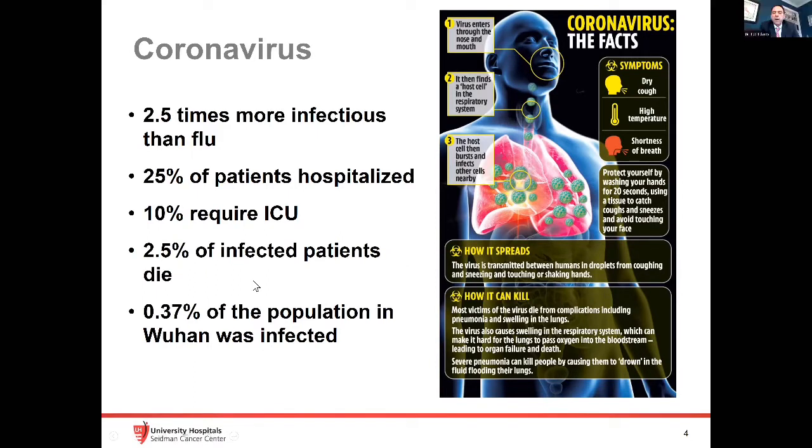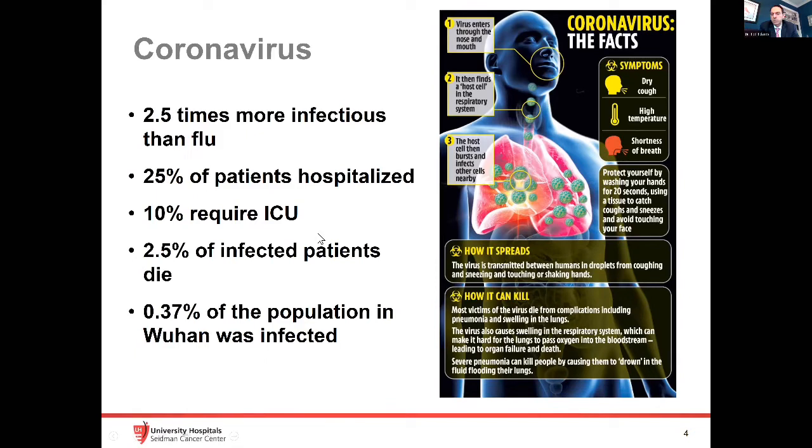Now, this virus is 2.5 times more infectious than the flu. When somebody becomes ill with this, about 25% of patients end up becoming hospitalized because they're having difficulty breathing and their oxygen levels drop. So 25% of patients become hospitalized if they become infected.